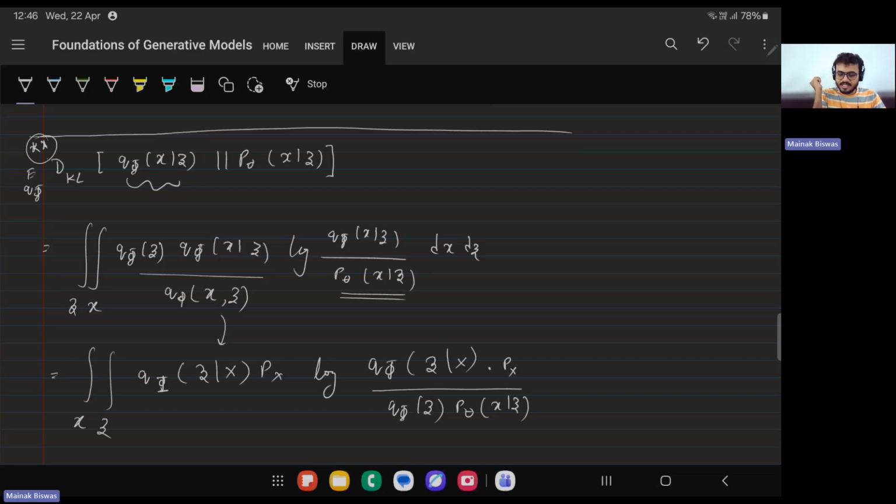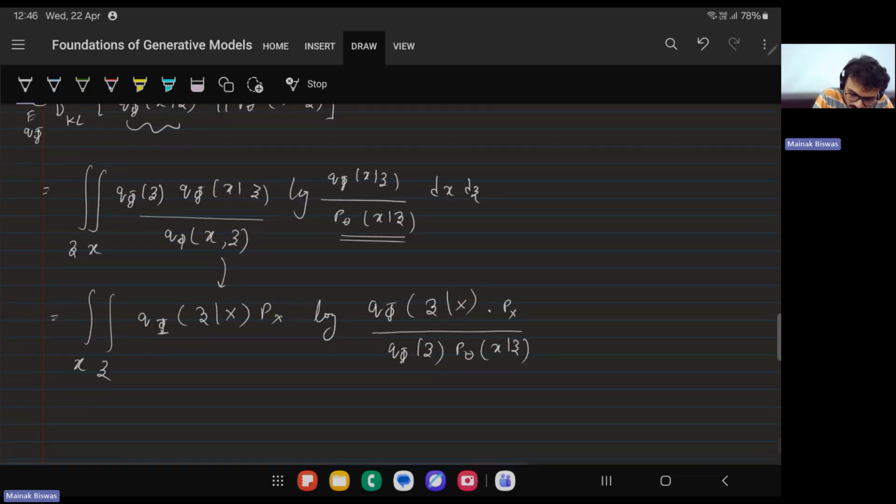Okay. Now, as soon as I see this, there will be a term that will be there with me, but I don't want that term. What do I want? First, when I separate out p of x, this will give me a constant, right? Because I will write this as log p of x times the integral of q phi of z given x, p of x, dz dx.